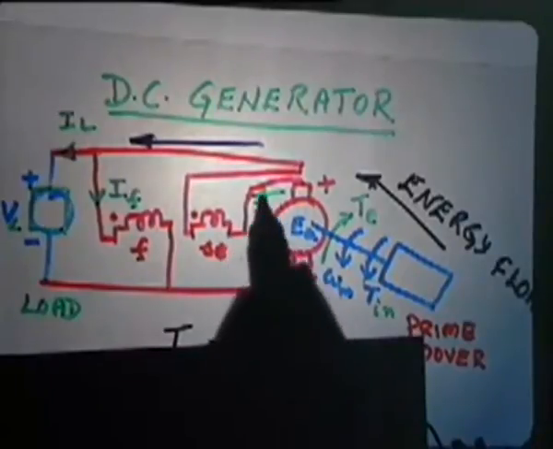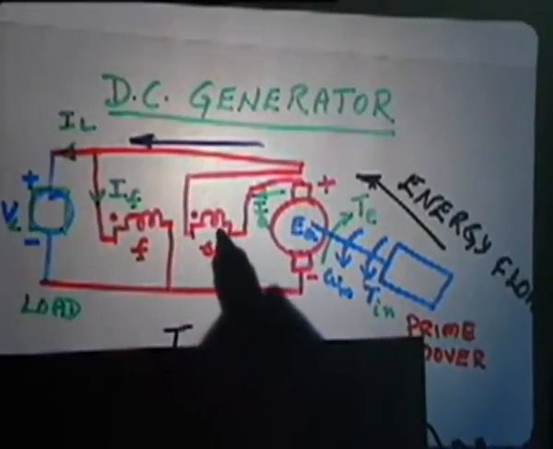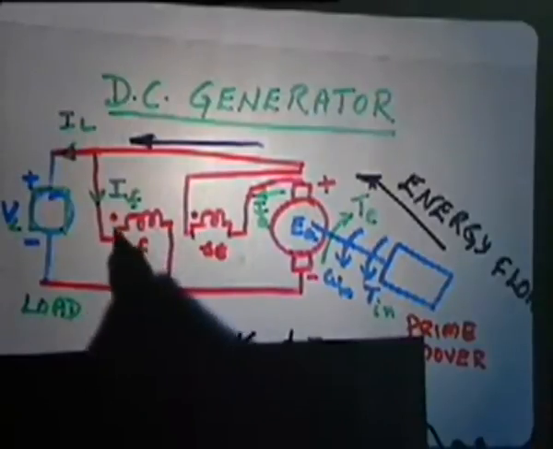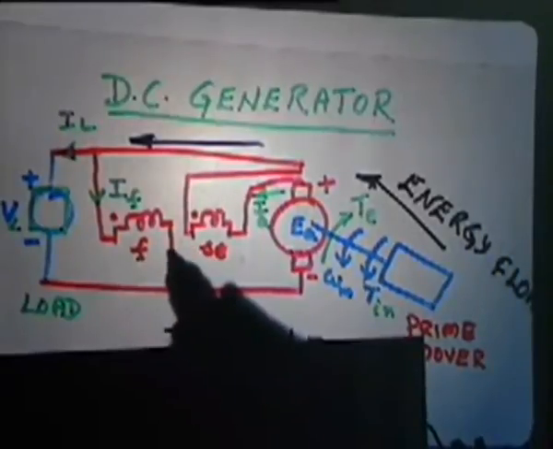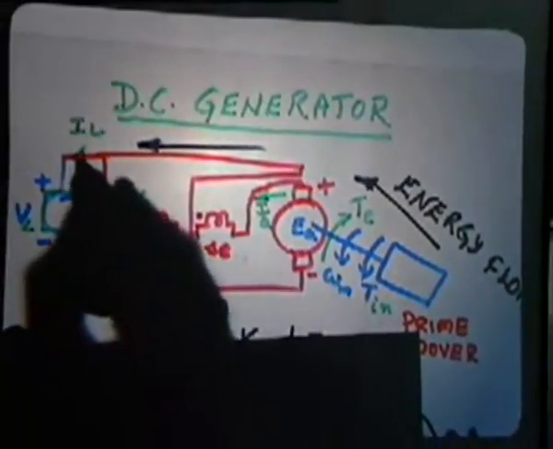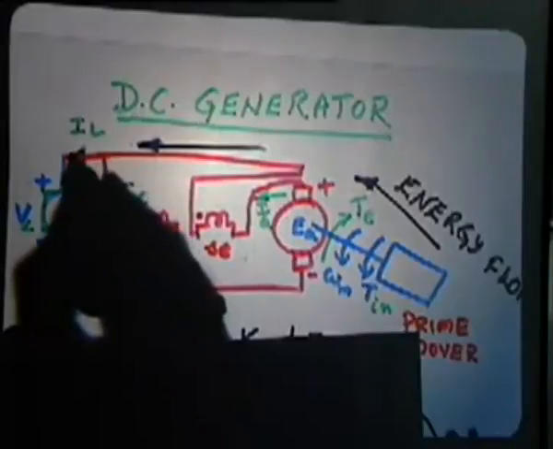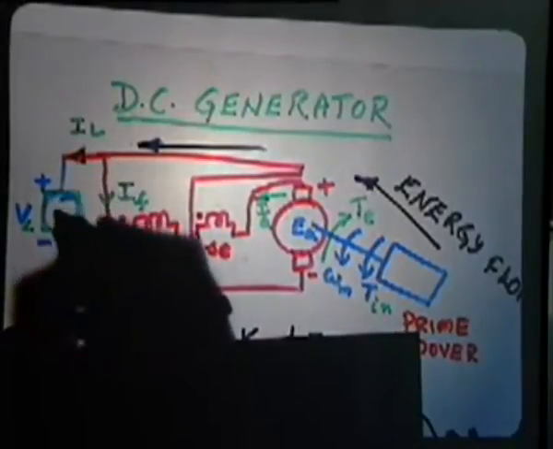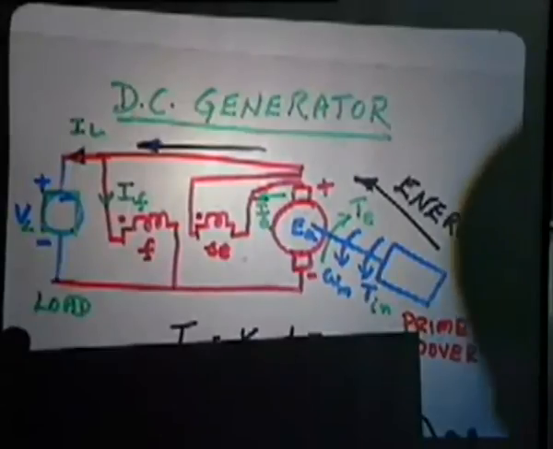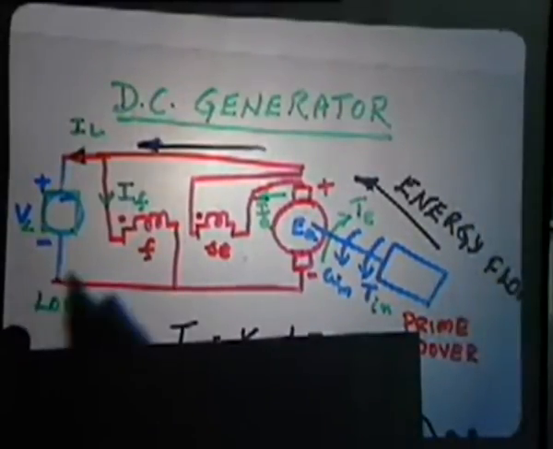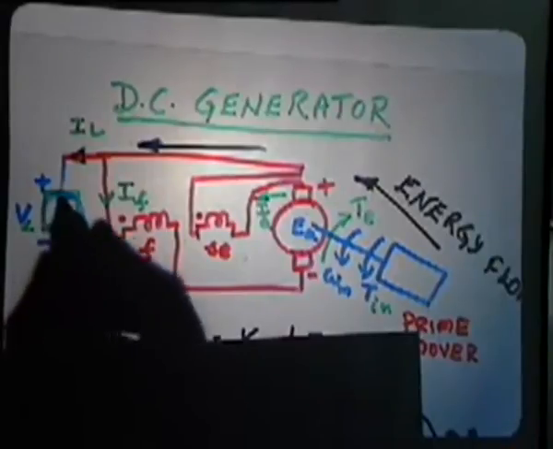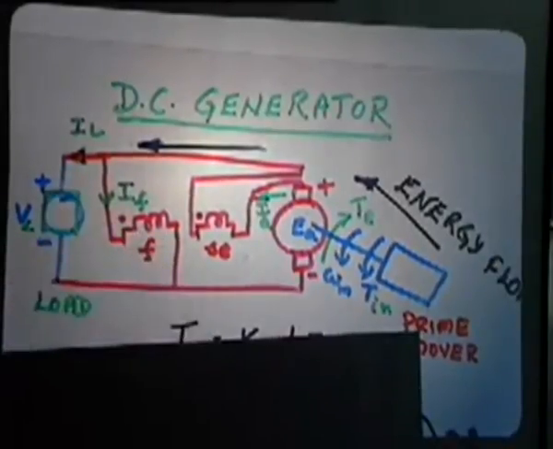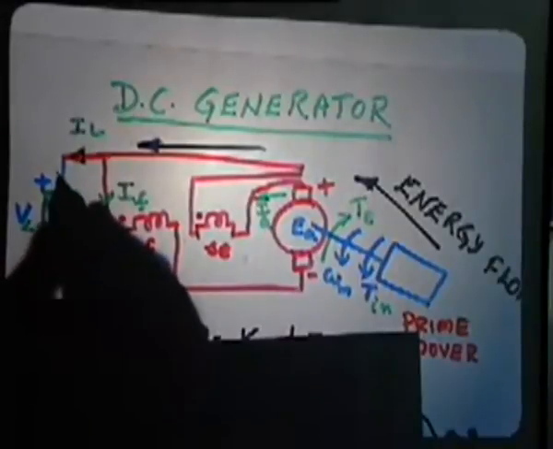That means in this direction of connection, the current in the series winding will be like this and the shunt winding will be like this, so it becomes effectively a differential connected compound generator. And then the current will finally be taken by the load. This can be any load, a resistive load, or another motor and so on. So there is a voltage across the load and a current going into the load.